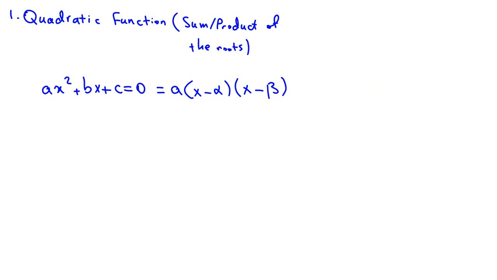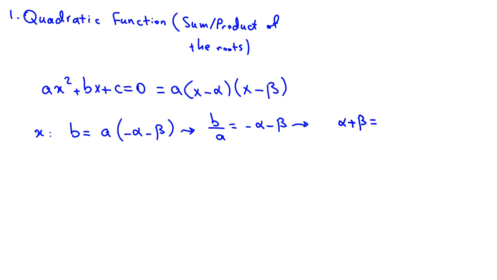If we consider the coefficient of x, the left side will be b, and the right side will be negative alpha x, negative beta x. If we divide both sides by a, b over a equals negative alpha, negative beta. So alpha plus beta, the sum of the roots, equals negative b over a.